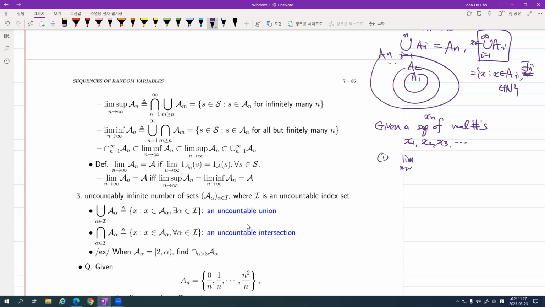But anyway, first, limit of x_n exists, or limit of x_n does not exist. That is your high school version of the understanding of a sequence of real numbers, right? And you loved some convergent sequences.